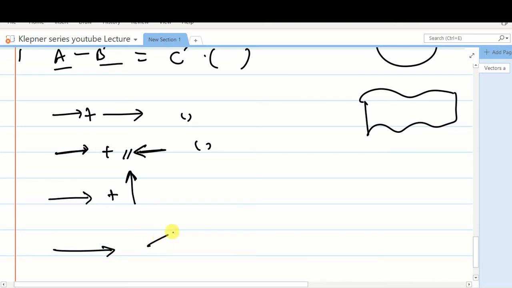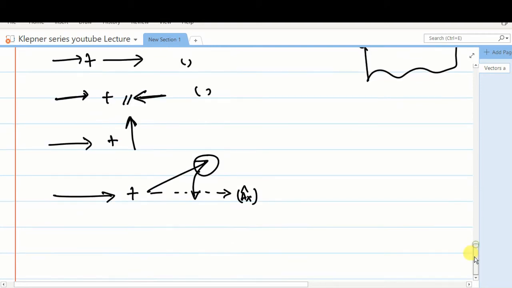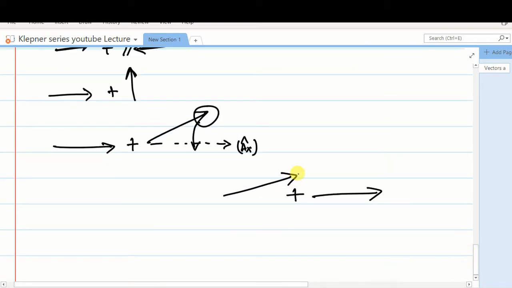Similarly, to add these vectors, you first have to find the component of this vector in this direction, and make a unit vector in this direction, then you can add them. To add any arbitrary vectors, you first have to make sure the two vectors are aligned with each other.